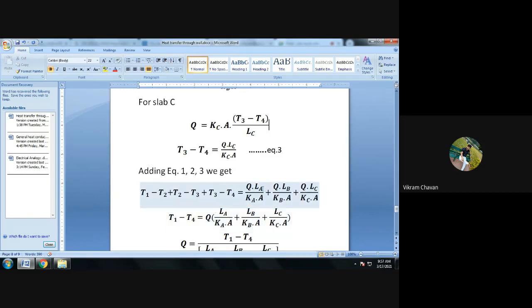From the right side, Q is a constant present in all three terms, so we have taken it outside the bracket as a common factor.